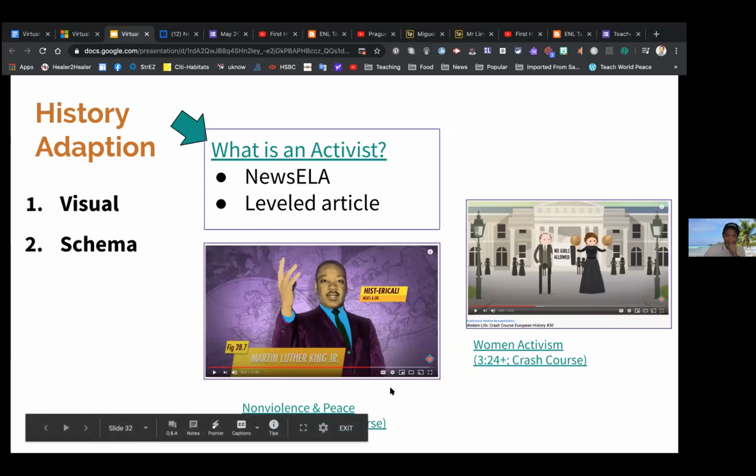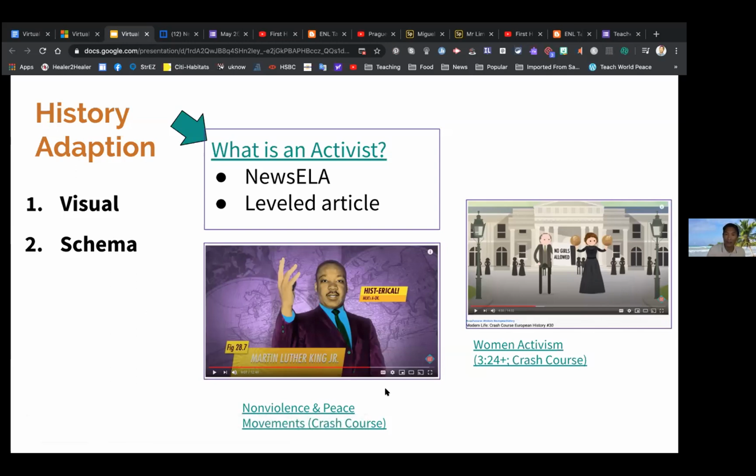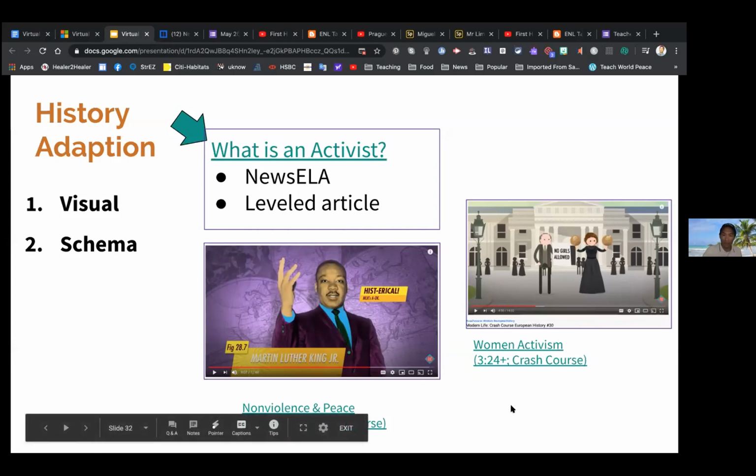And then there's different ways that you can contrast different types of activism. There's nonviolent activism and peace movements and where those came from. All of these build that background and schema. And all of them I would suggest to put into your web quest.